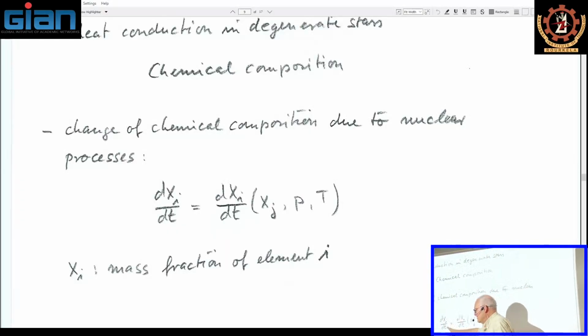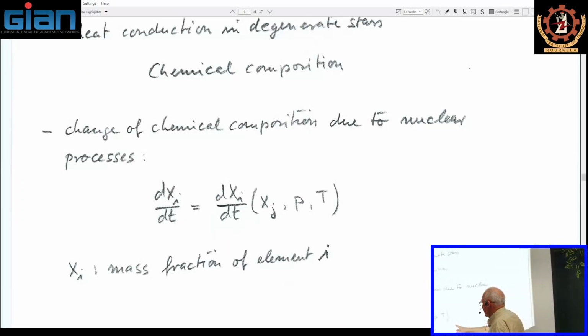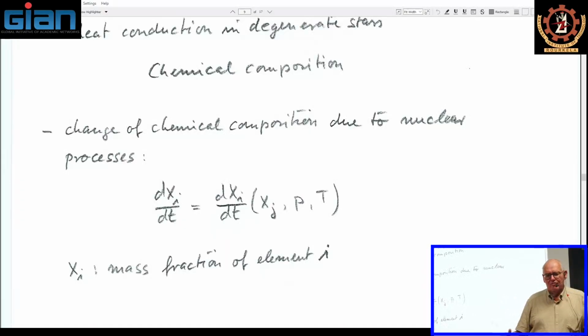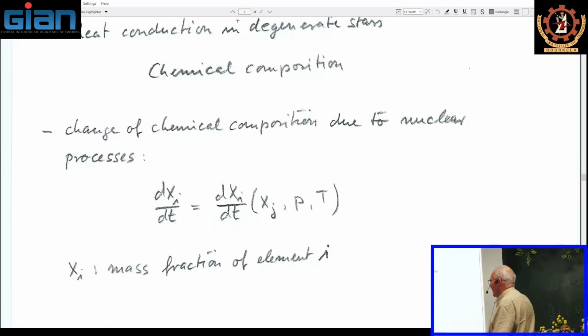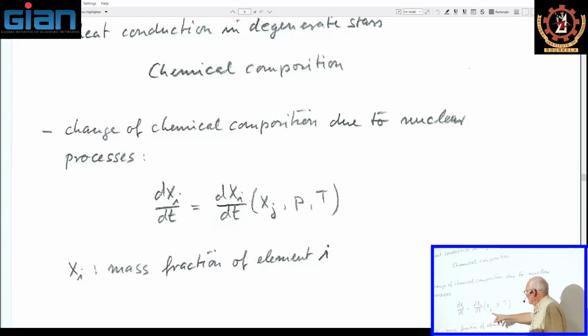The change with time of some species depends on the concentration, or on the mass fraction, of any other elements. So xj denotes those nuclei from which the nucleus i is formed. So it depends on the mass fraction of other species necessary in the process, and on pressure and temperature.